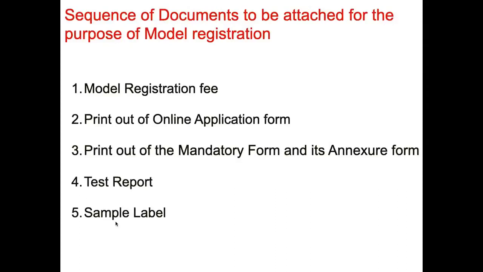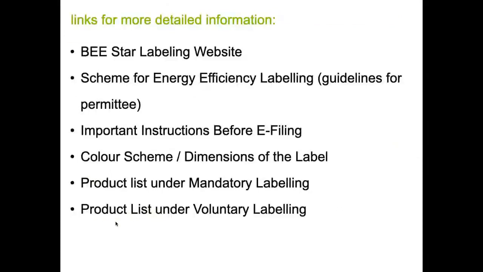You can refer to this kind of information in the links, where you will get more detailed information. If you go through the BE star labeling website, you will get to know all the registration sequences. Or you can go through the scheme for energy efficiency labeling.